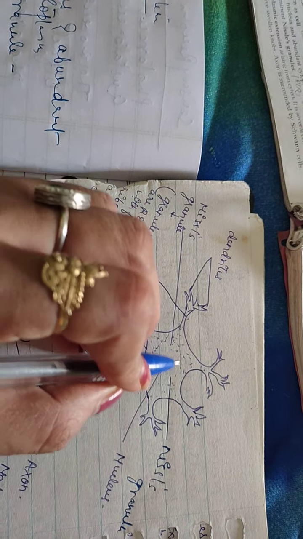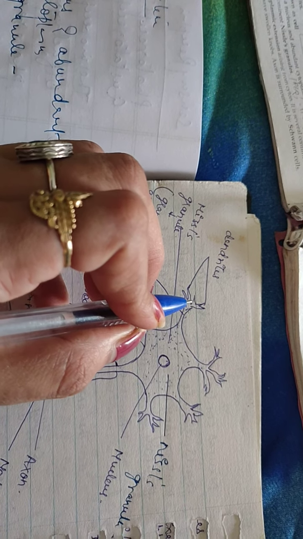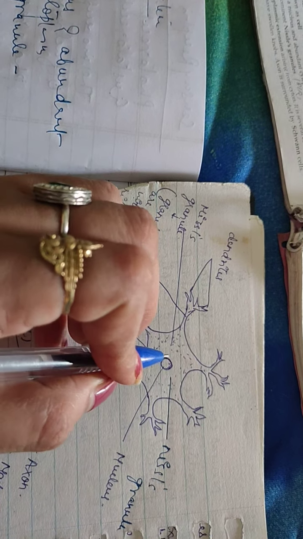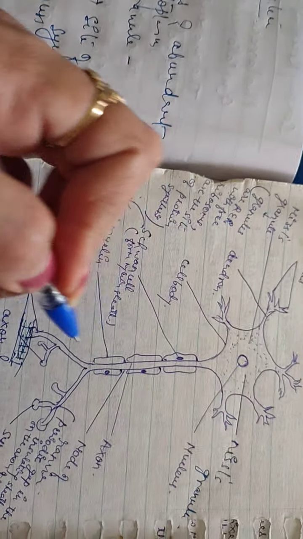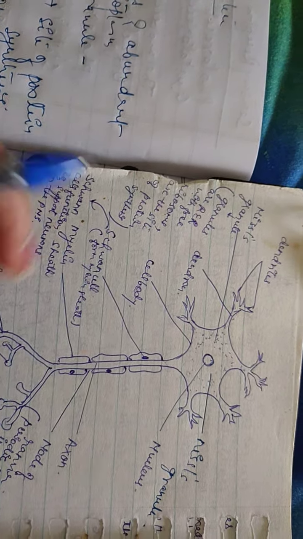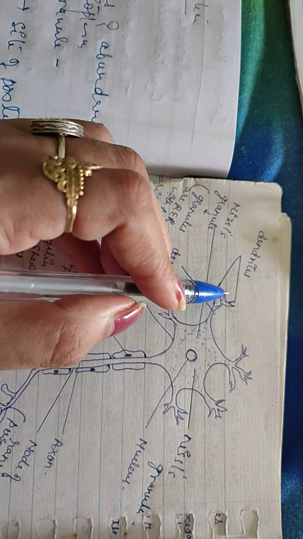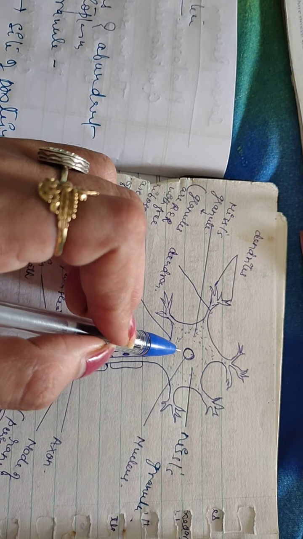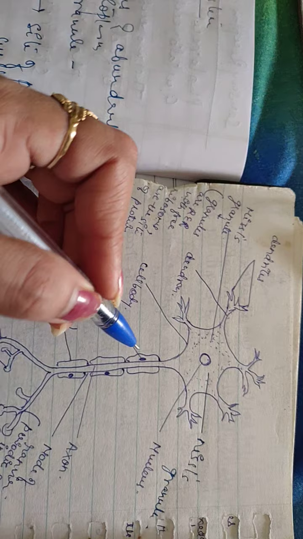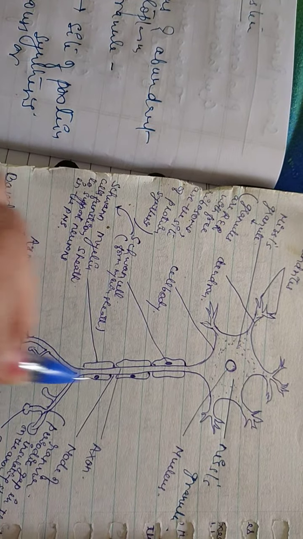So this is the center where these dendrites receive the messages and give them to the cyton, and then the axon will transmit all the information. So the cyton can be called a relay station, and then this axon is the transmitter which transmits the messages.